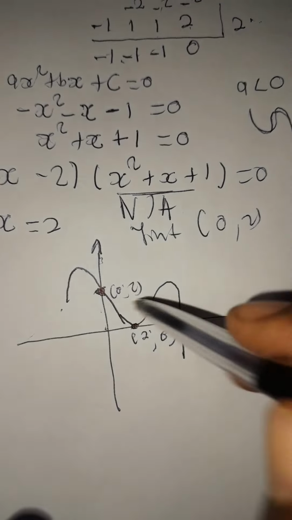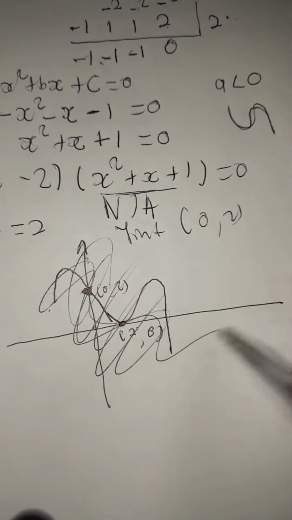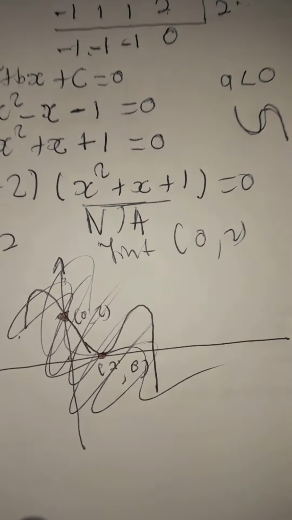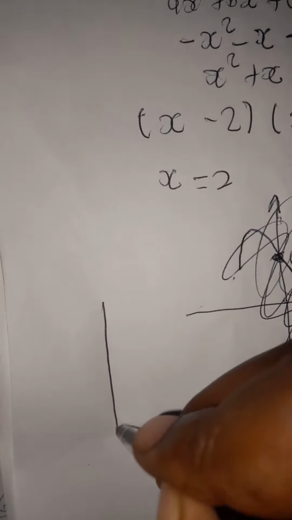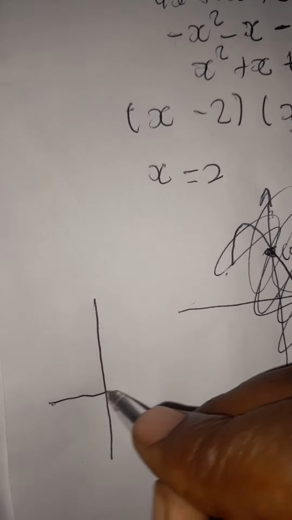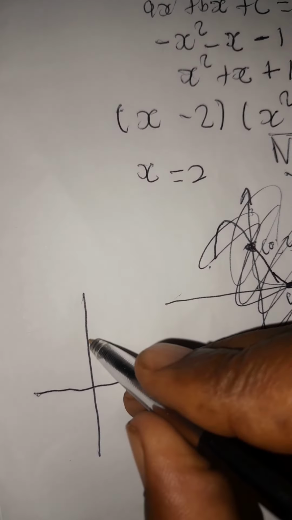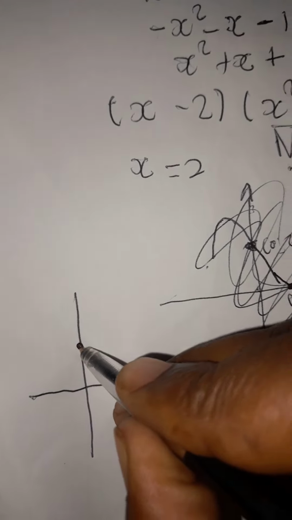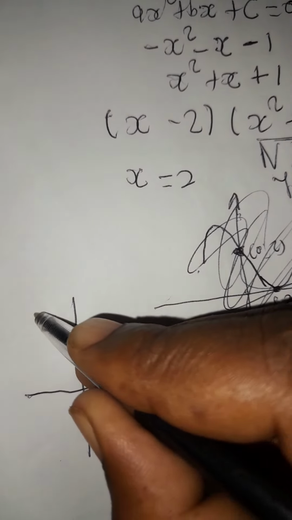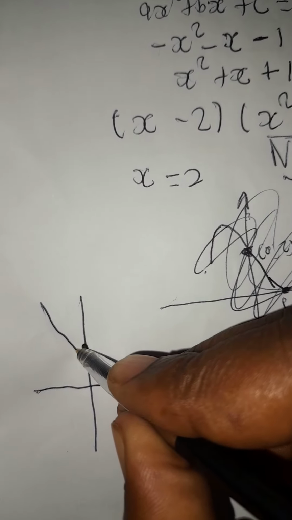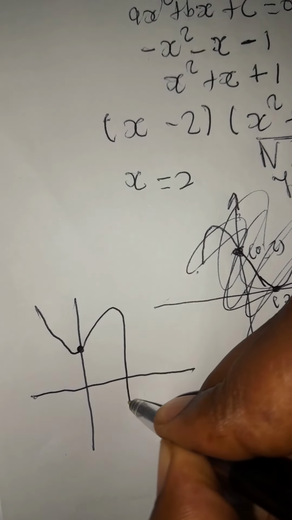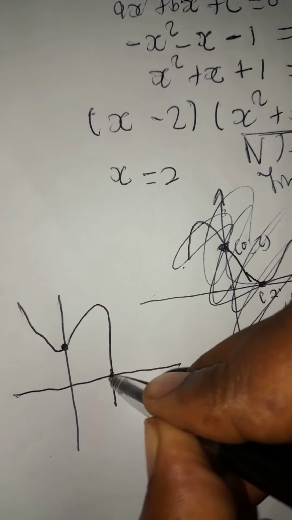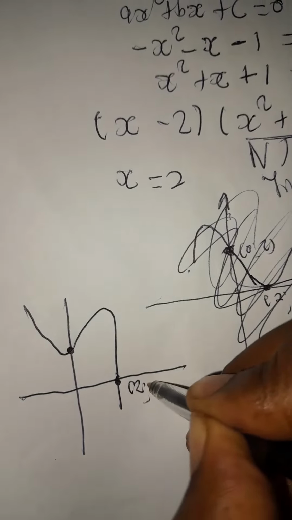Yeah. This is a bad sketch. Let's redraw it. Let me redraw it again. Remember we have 2 and 0 here. So we will have something like this. Then it passes somewhere here, which is 2 and 0 again.